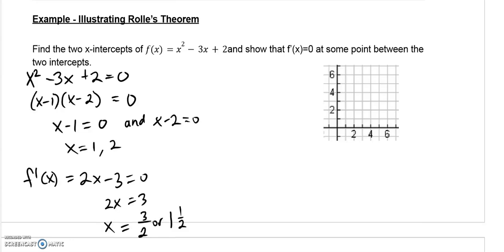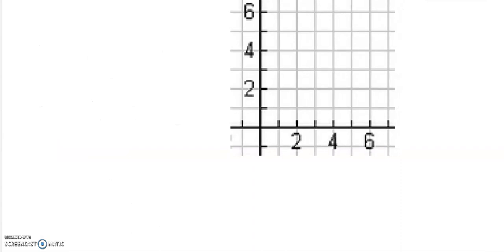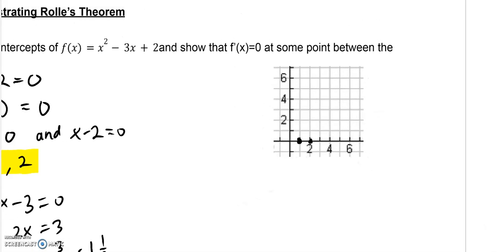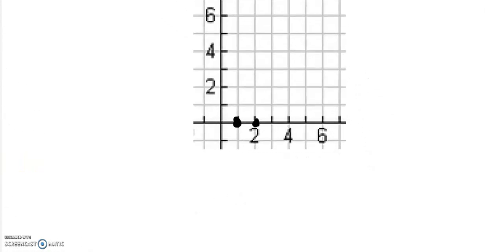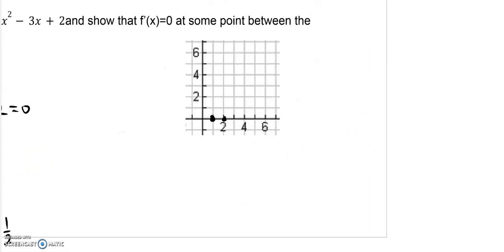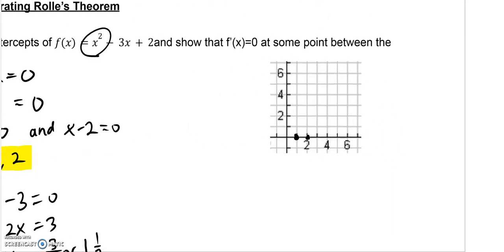When you set the original function equal to 0, you should get the zeros of x equals 1 and 2. So over here on our graph, the zeros are going to be at 1 and 2. Didn't really leave much room on this graph, I apologize, but those are where the zeros are going to be. Now, we know that it is concave up because this is positive.